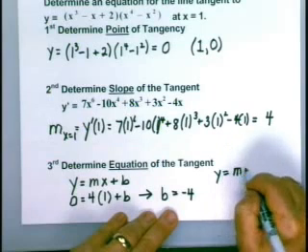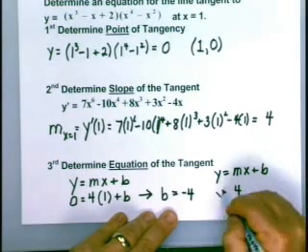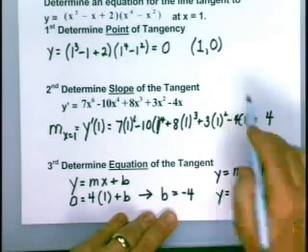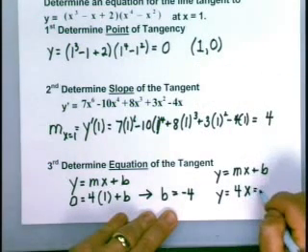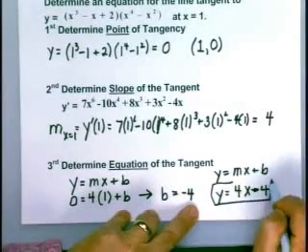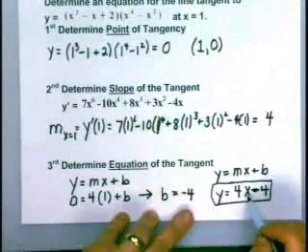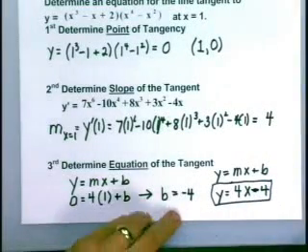Using the form mx plus b, I know that the slope is 4, and I know that the b value at the point 1, 0 turns out to be minus 4. So the equation of the tangent line to this graph at x equal 1 is 4x minus 4.